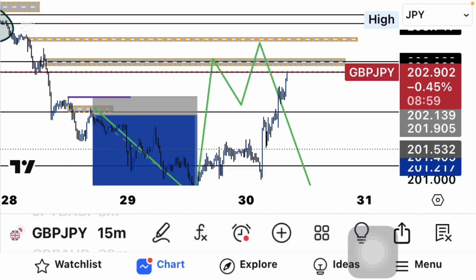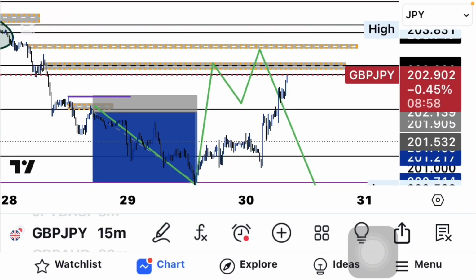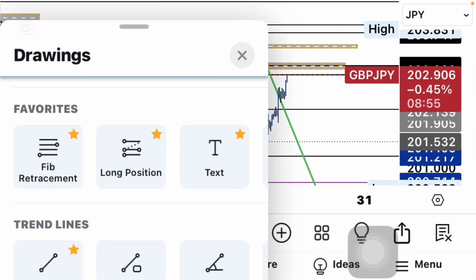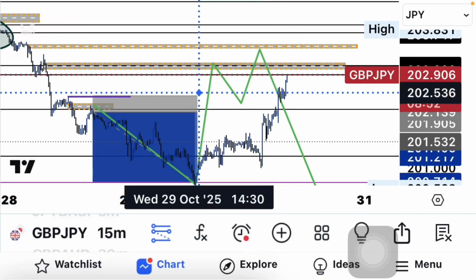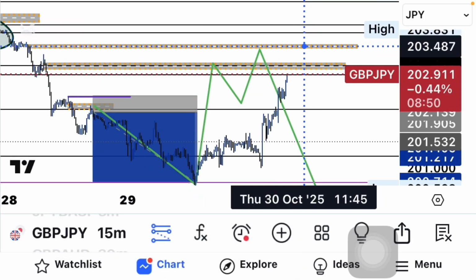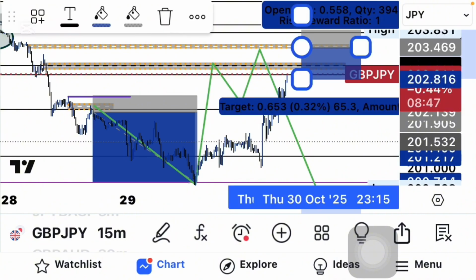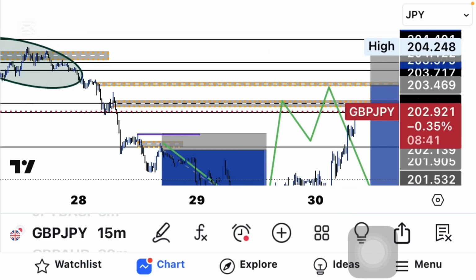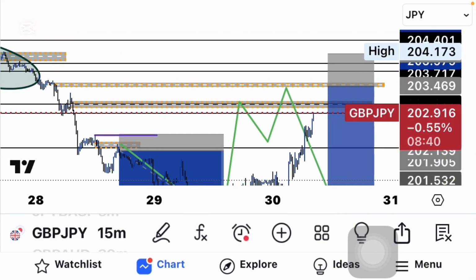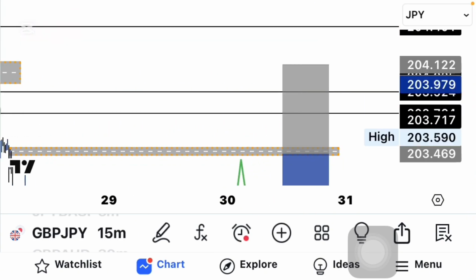So for those of you following me, this is going to be my sell short position. I'm going to short from this low price here to this new price. 1:4 again, if you can get this. Let me decrease my SL.